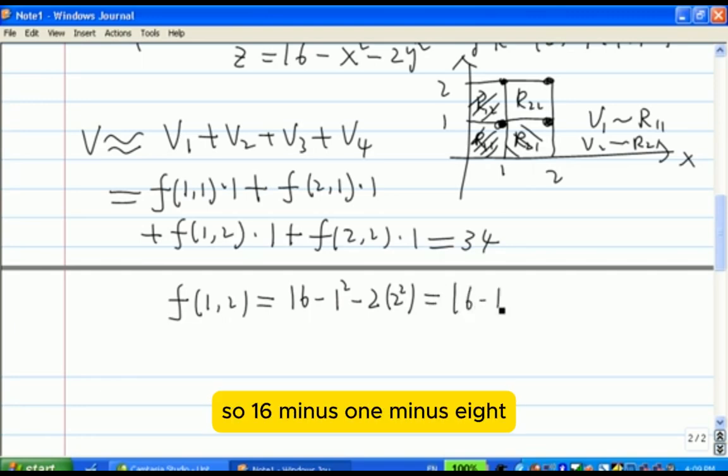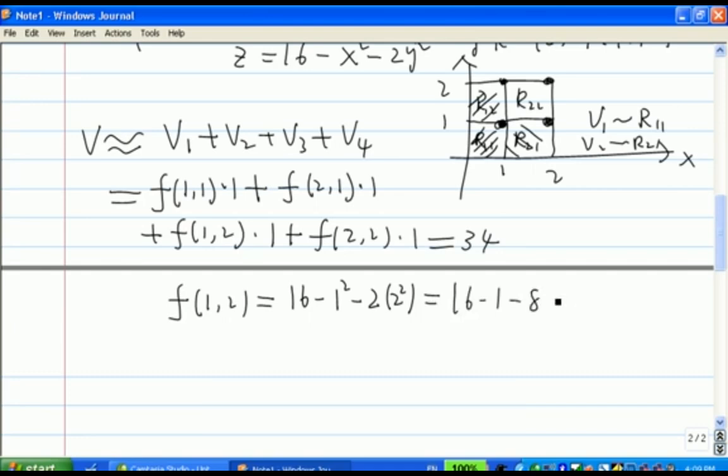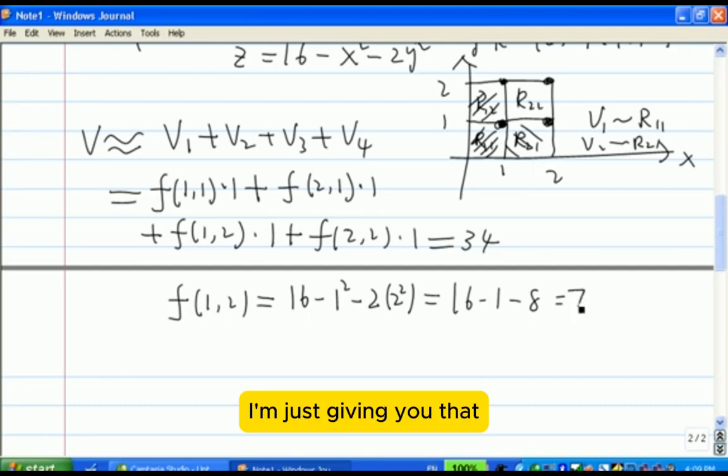So 16 minus 1 minus 8 gives you 7. I'm just giving you an example.